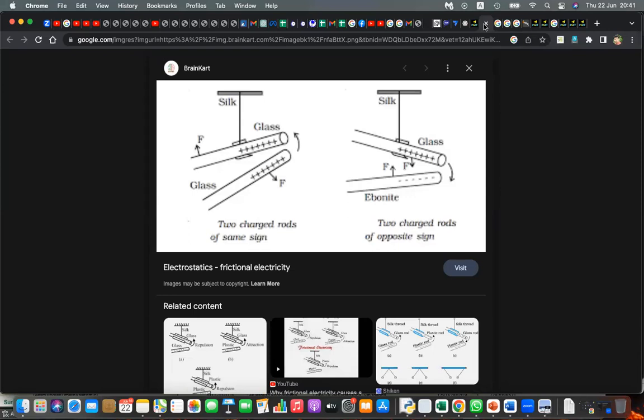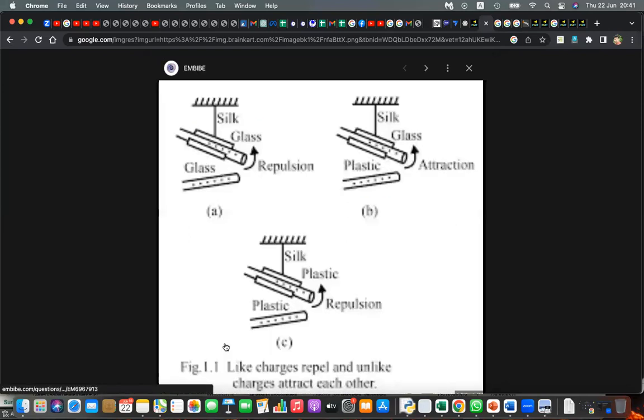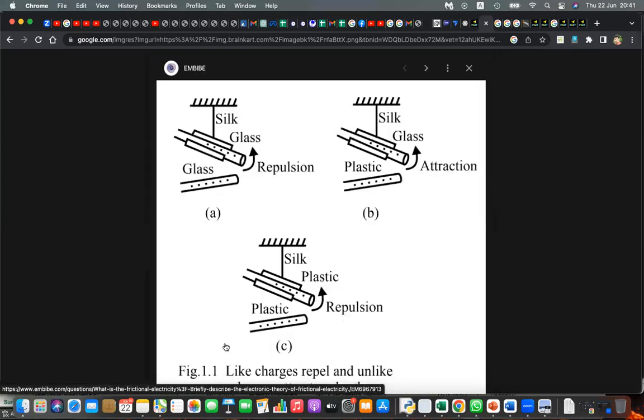So the repulsion can happen because of the positive charge. Mainly the positive charge depends on the material you rub with. It always depends on how you rubbed against it. Okay. Here you can see plastic and glass.